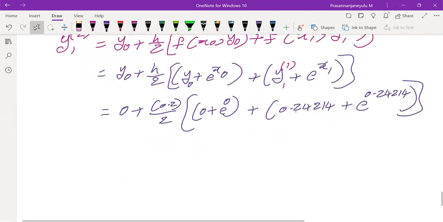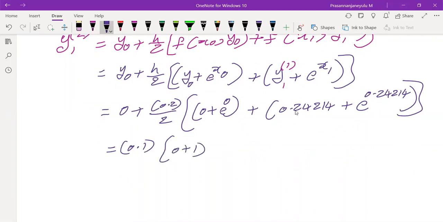In the same manner, if we do simplification, the first term is 0, 0.2 by 2 is 0.1 into 0 plus e power 0 is 1 plus, okay, we'll get like this, 0.24214 plus e power 0.24214.